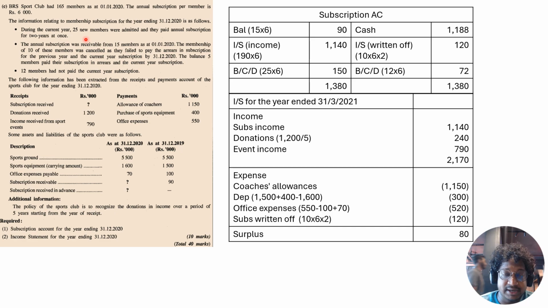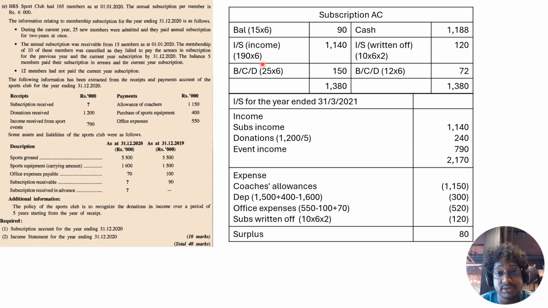So from that, you can identify the subscription income, whether you receive it in cash or not, that doesn't matter. 190 into 6, because 6,000 is the annual subscription.